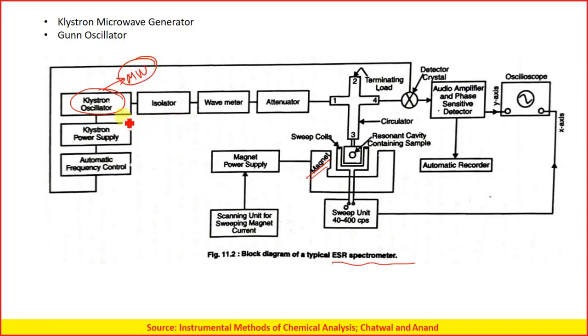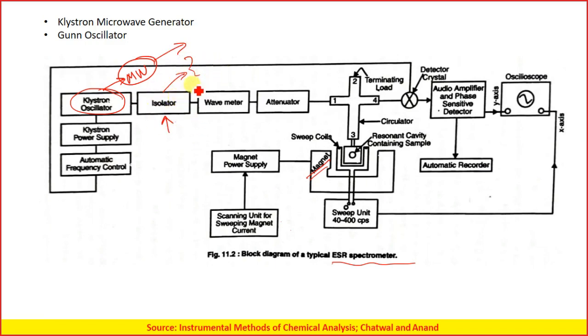This klystron oscillator generates the microwaves. Now these microwaves are passed through the isolator. This isolator tries to reduce the variations within the microwave radiations which are being generated. Till the isolator we still have a polychromatic microwave.